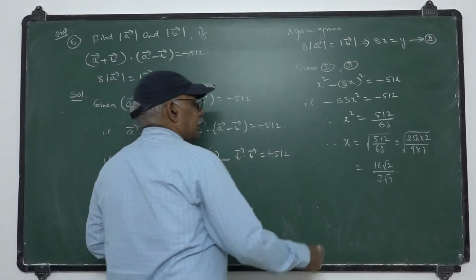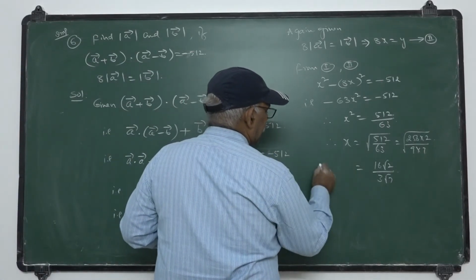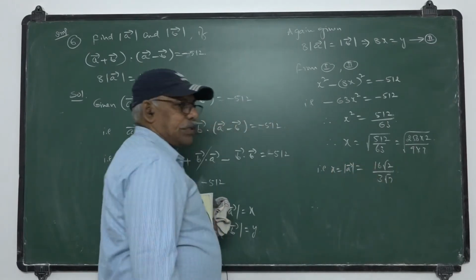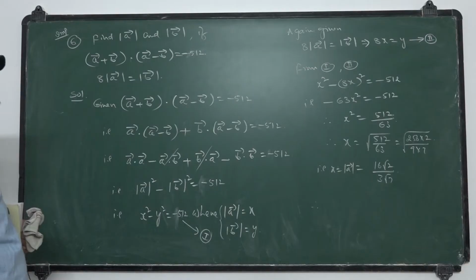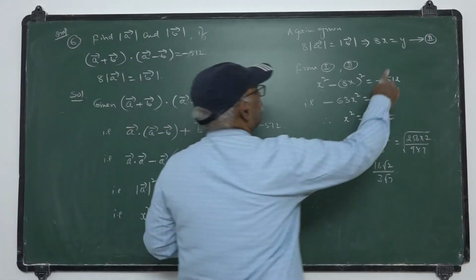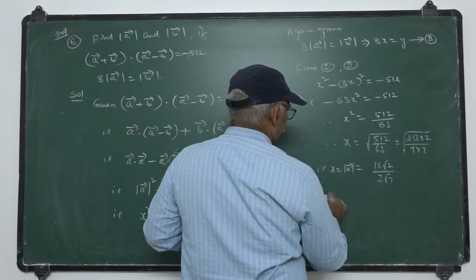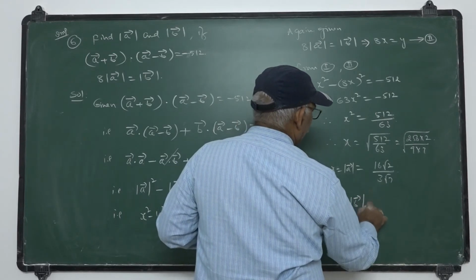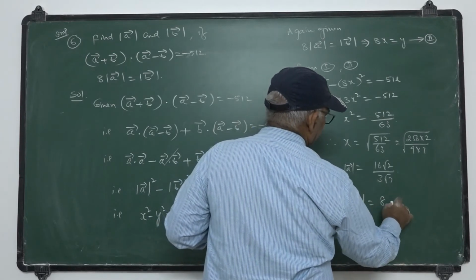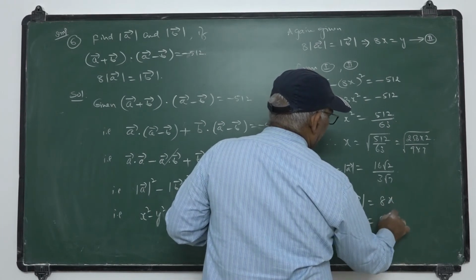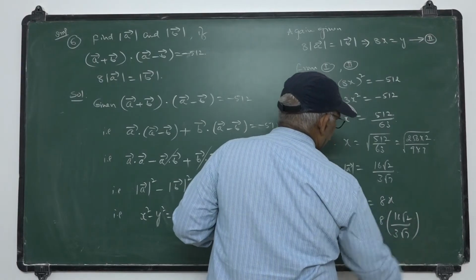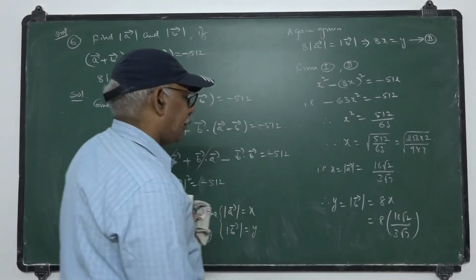So x is mod A bar. Mod A bar equal to 16 root 2 by 3 root 7. Whereas y is mod B bar equal to 8 into x, 8 into 16 root 2 by 3 root 7. Okay.